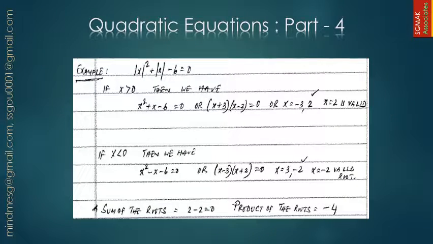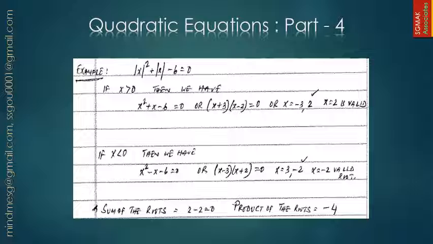Okay, next problem. Absolute value of x squared plus absolute value of x minus 6 equals 0. When you have a problem like this, absolute value should always return a positive value. So you've got to see what happens when x is positive and what happens when x is negative. So you've got to combine both conditions.